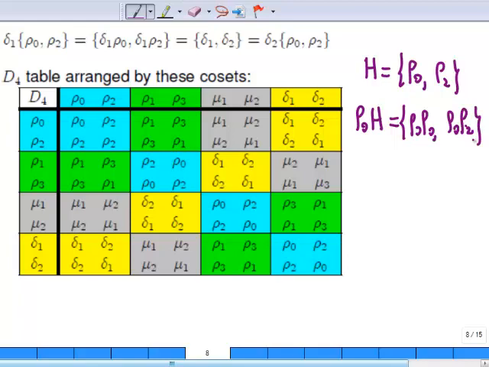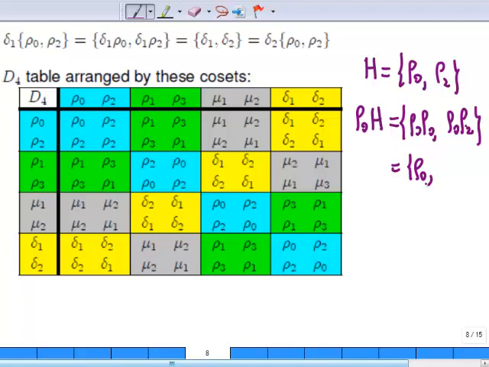Now rho 0 is rotation of 0 degrees. So rotate 0 degrees then rotate 0 degrees is still the same as rotate 0 degrees. Now rho 2 is rotate 180 degrees, then rotate 0 degrees, still the same as rotate 180 degrees.